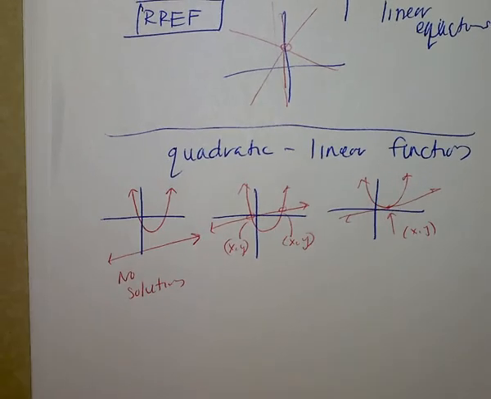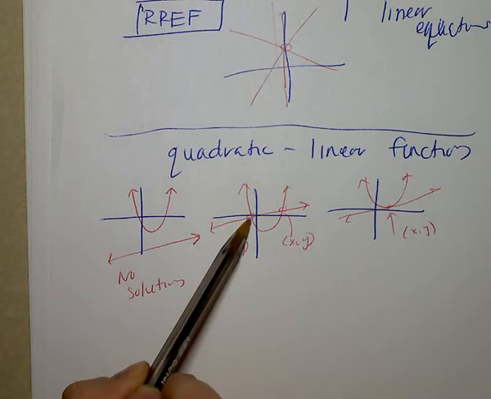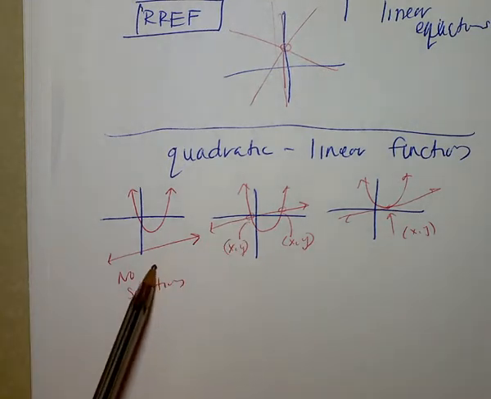Once again, just to emphasize, if there's a solution, remember the solution is a place on the graph where the two functions cross, and it will have an X and a Y coordinate for each solution.